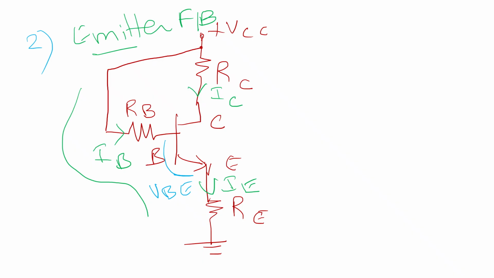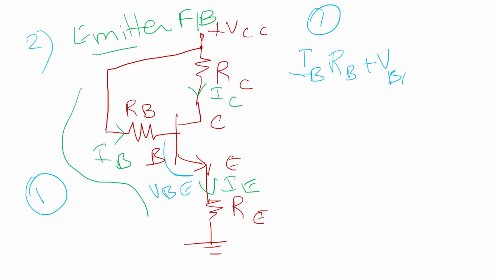So I'm going to write the equation related to the determination of IB. I'll consider this as the first loop. In the first loop, I'm writing the equation IBRB plus VBE plus, since we have an emitter resistor in the emitter terminal, that is also considered here.